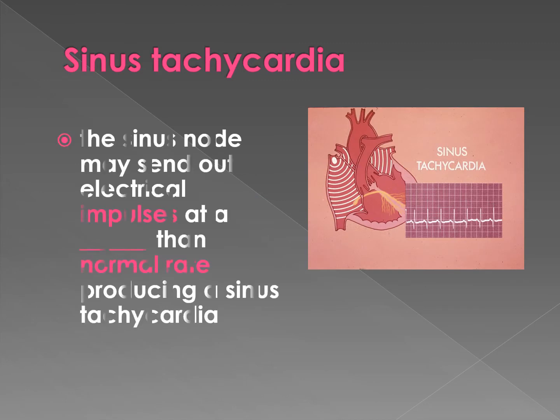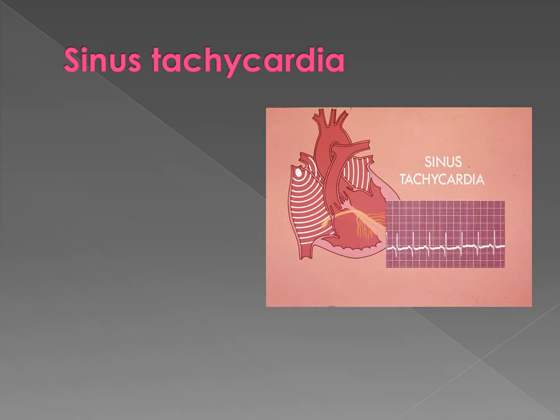Sinus tachycardia: the sinus node may send out impulses at a faster than normal rate, producing a sinus tachycardia. That means the SA node wants to go fast. Let's just say this is almost like someone gave the SA node a little bit too much coffee, some more caffeine.